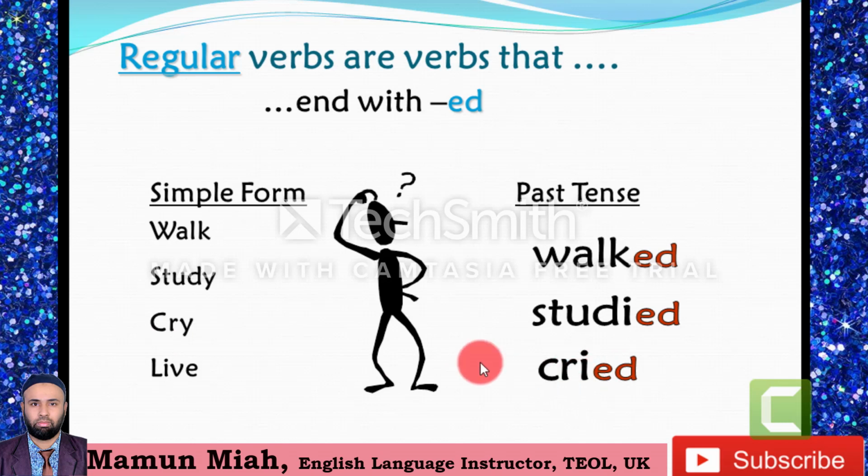But the difference is that here the last letter was Y and here it is I. This is a part of English grammar. Whenever you change a word to another form, if you find the last letter Y and before it there is a consonant, Y will be turned into I. That is why the spelling is different.